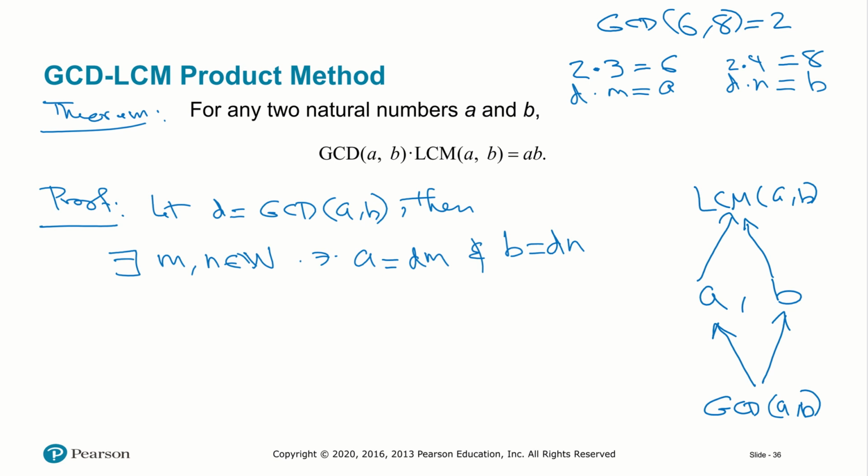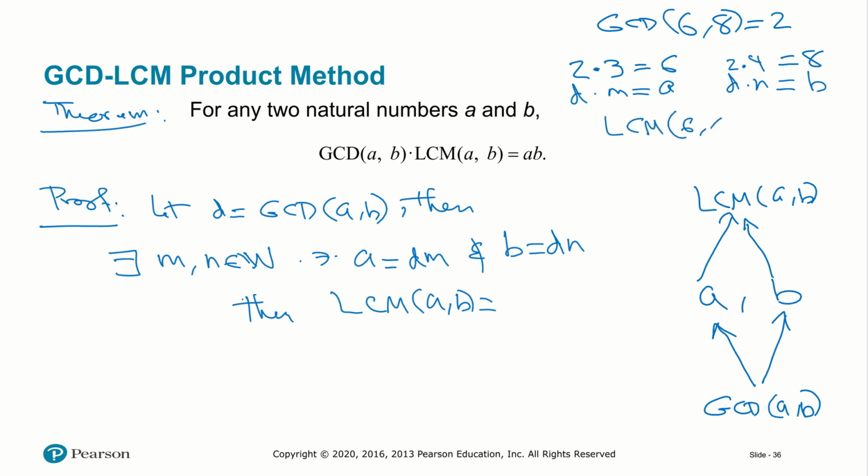So now in this very basic format, you can see that the LCM of A and B is going to be, look, if I just multiply the 2 by the 3, I don't need to repeat the 2, so I need to multiply by 4. That will give me the LCM, won't it?